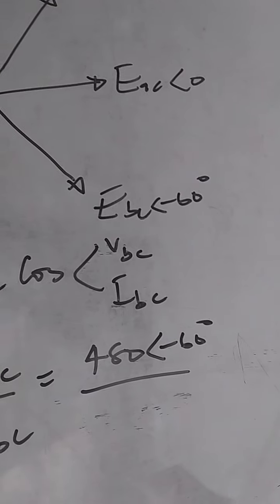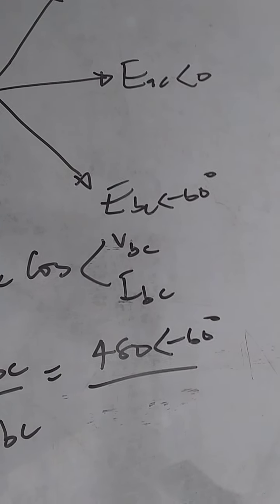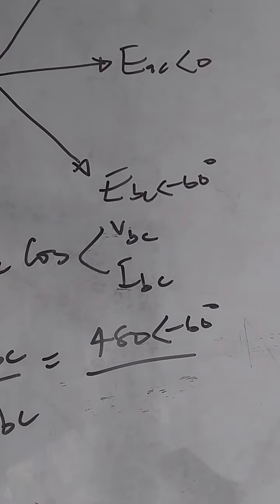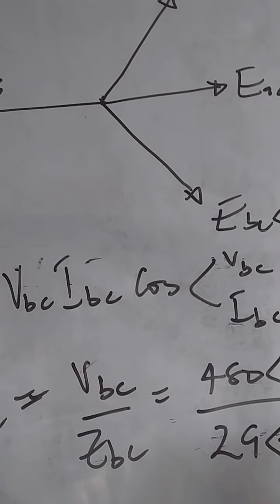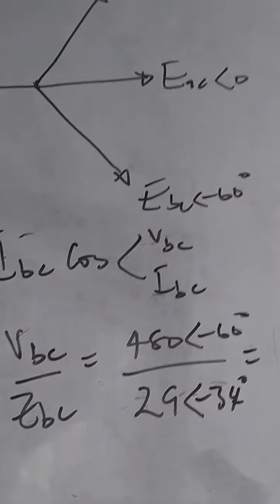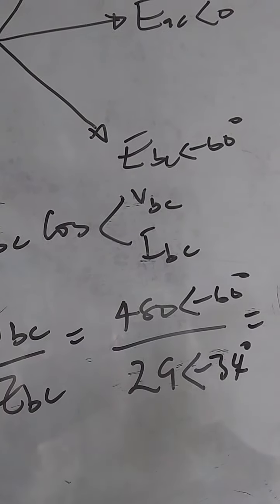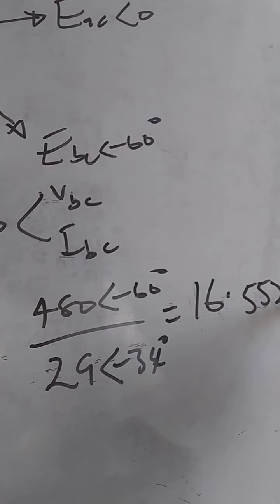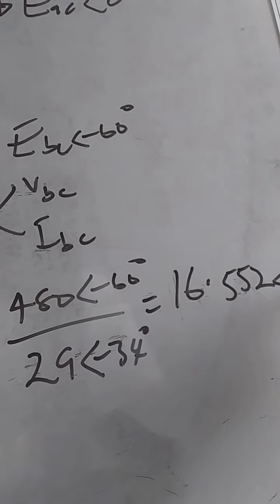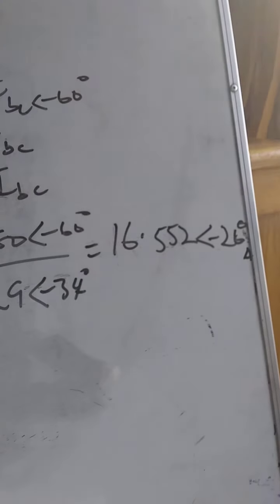Our ZBC is 29 at angle minus 34 degrees. When you work that out, you get 16.552 at angle minus 26 degrees amps. So that is our IBC.